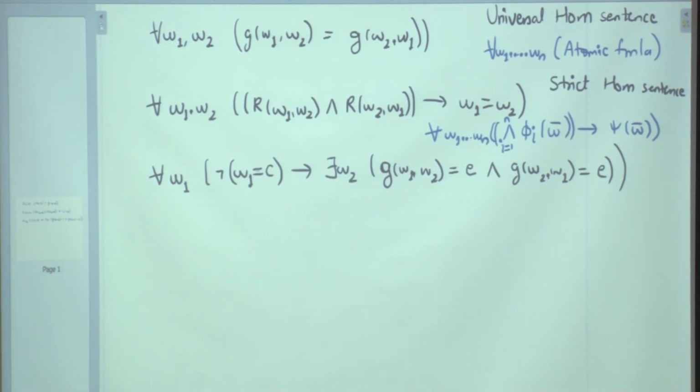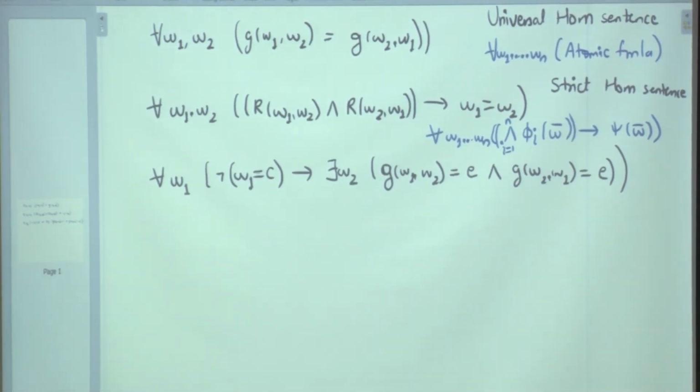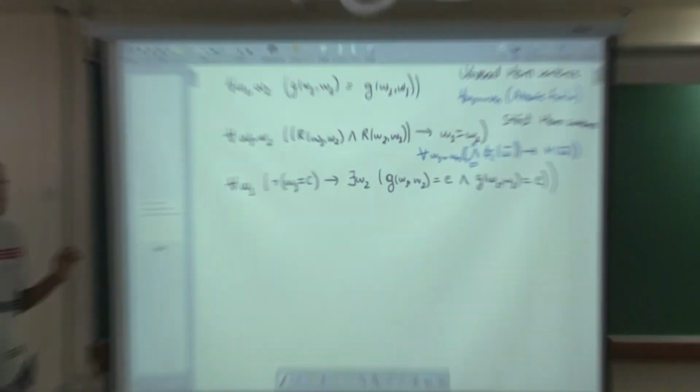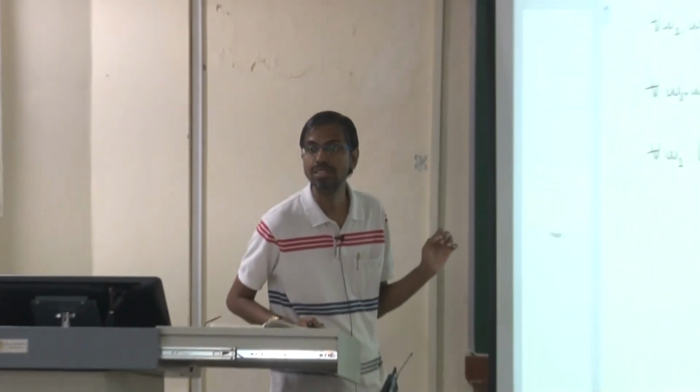So in particular, if I choose n to be equal to 0, what do I get? The universal Horn sentence.